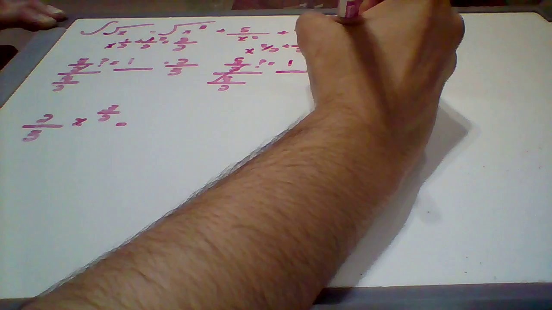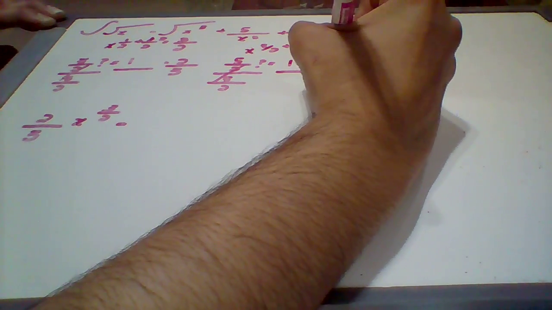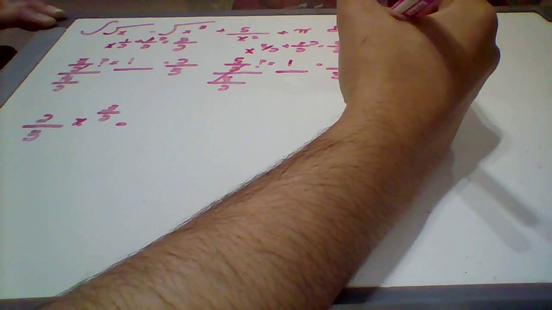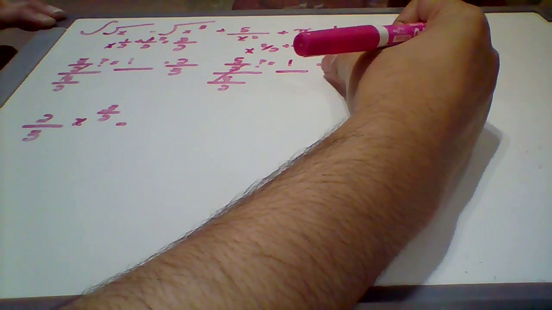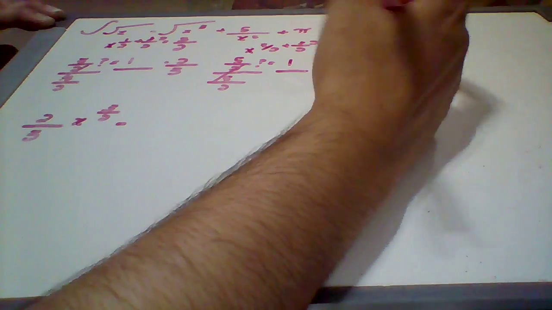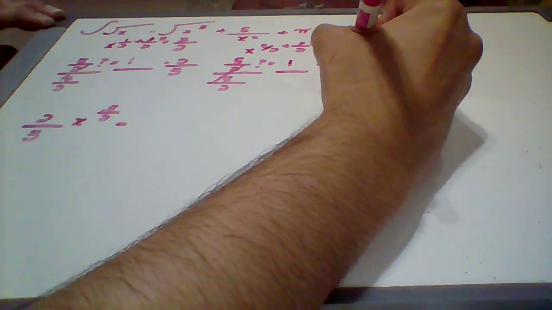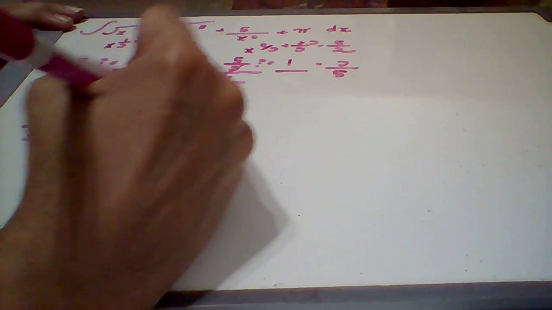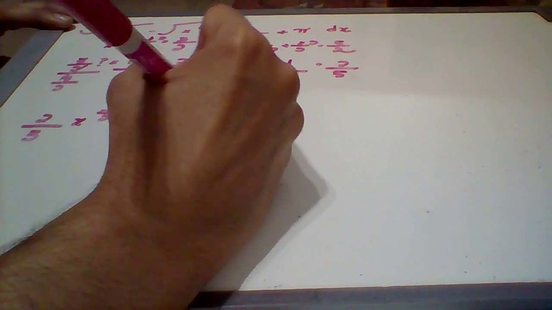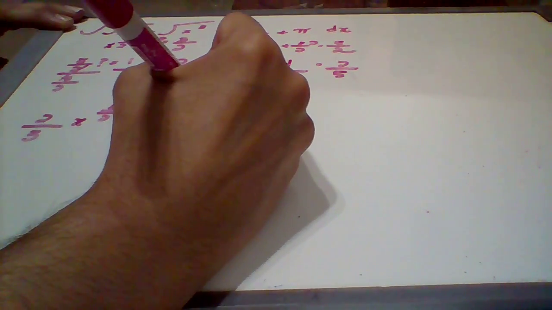So I'd end up multiplying by its reciprocal. So this would end up being 2 fifths x to the 5 halves.